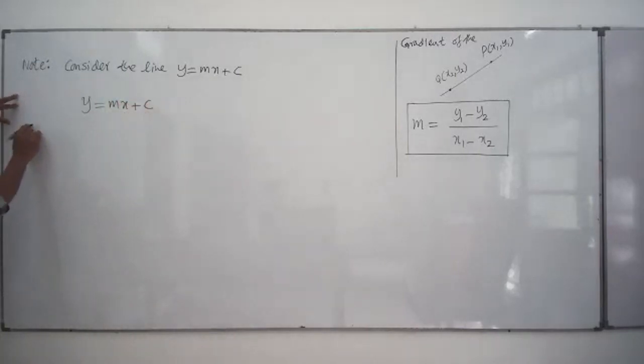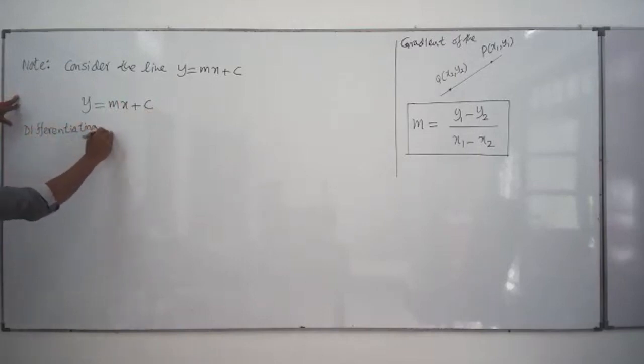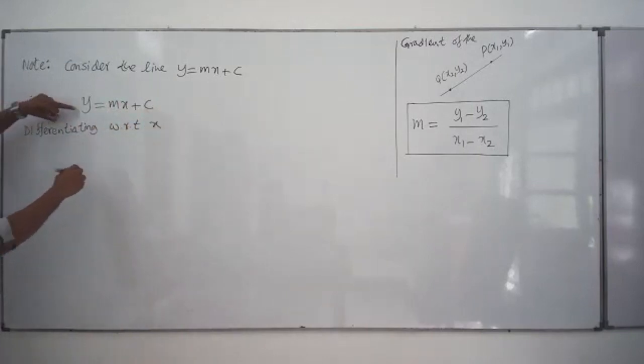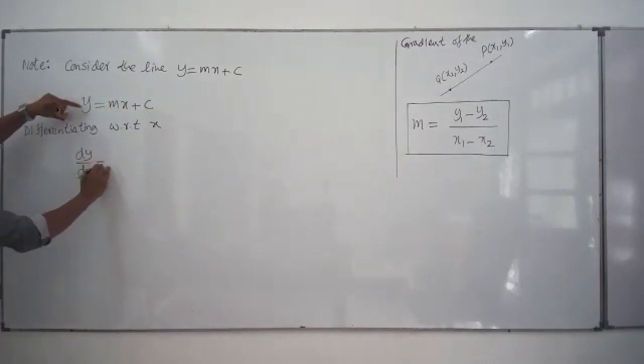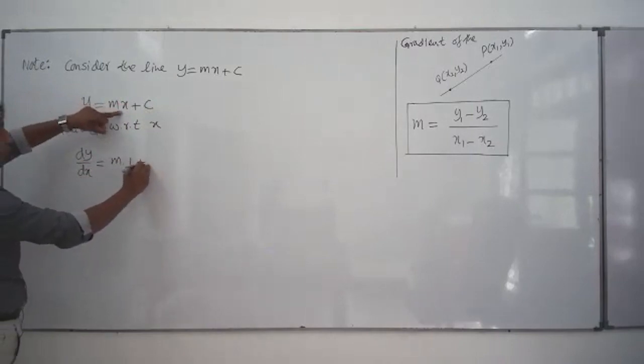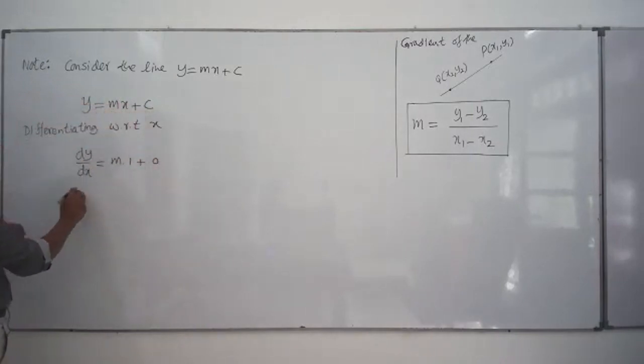We can differentiate with respect to x. What do you get? dy by dx is equal to m, a constant or real number, times the derivative of x, which is 1, and c is a constant, so 0. Therefore, dy by dx is equal to m.